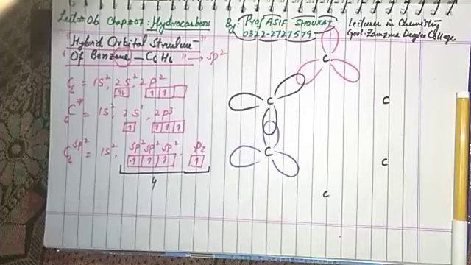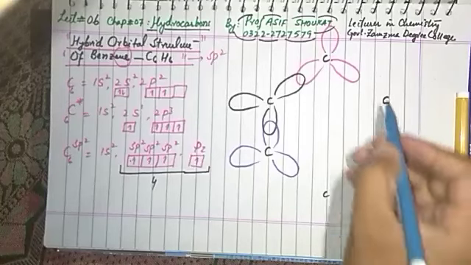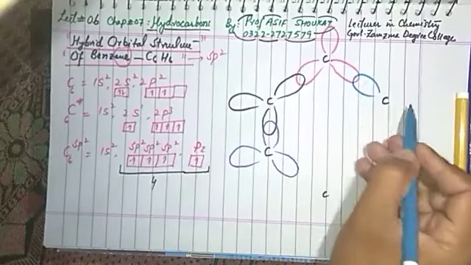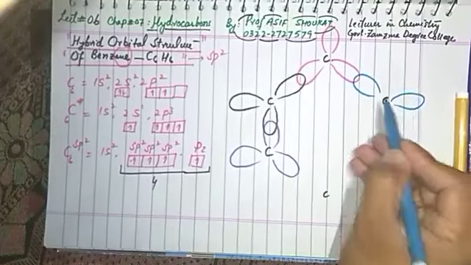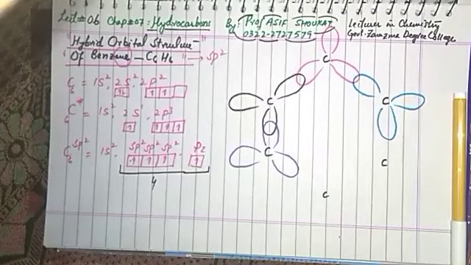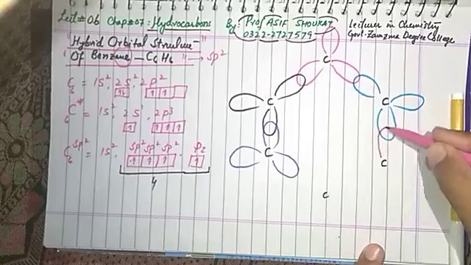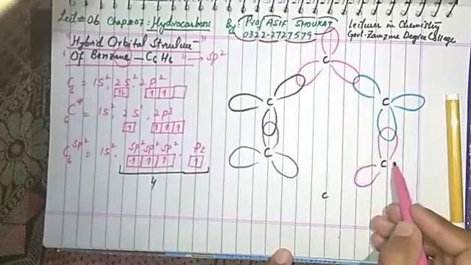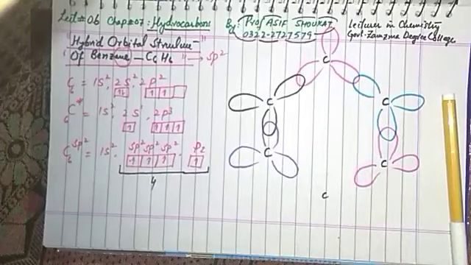Each carbon I'm trying to draw with a different color so that you can easily identify which orbital belongs to which carbon. 1, 2, also this one, 3. Once again with the pink one, 1, 2 and 3.